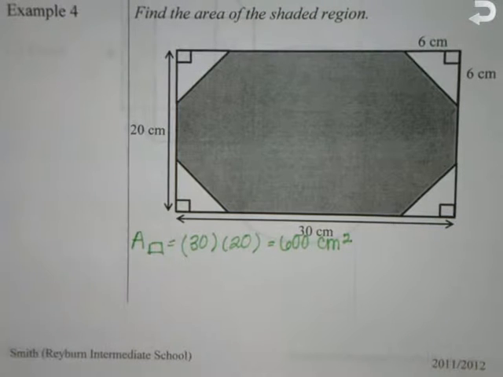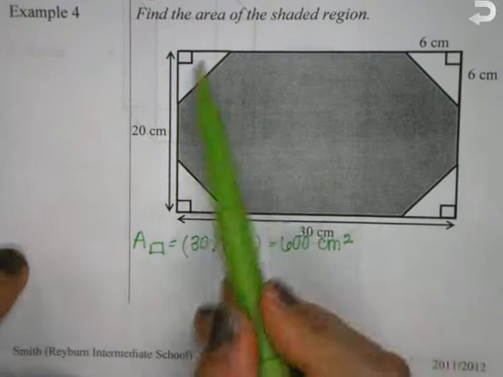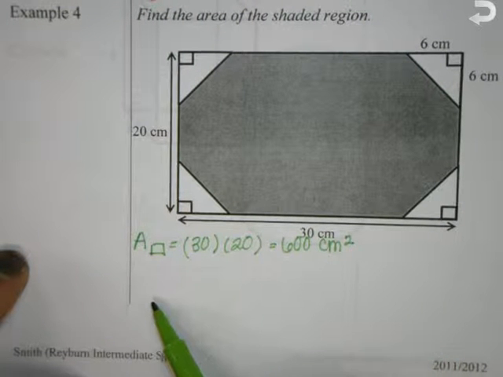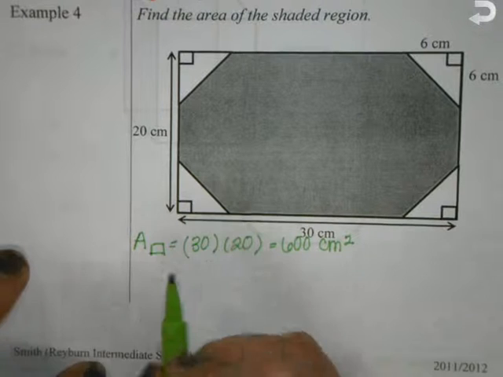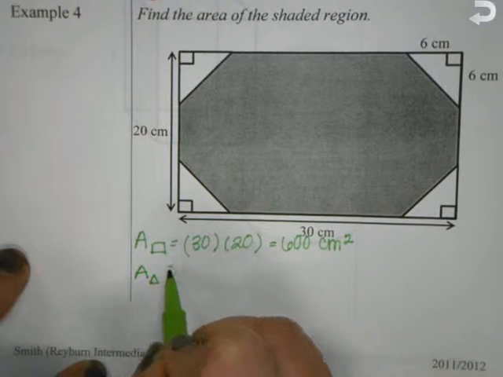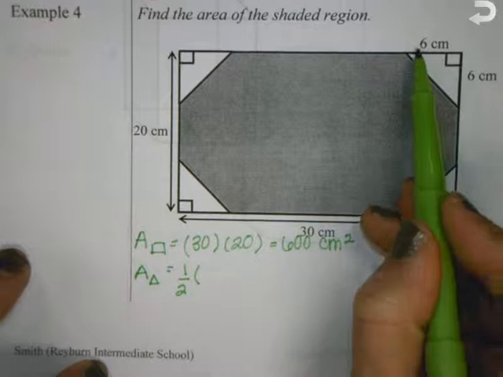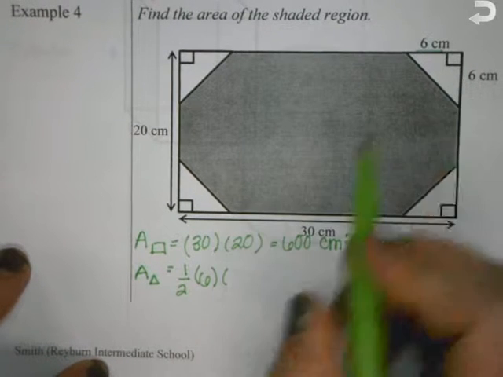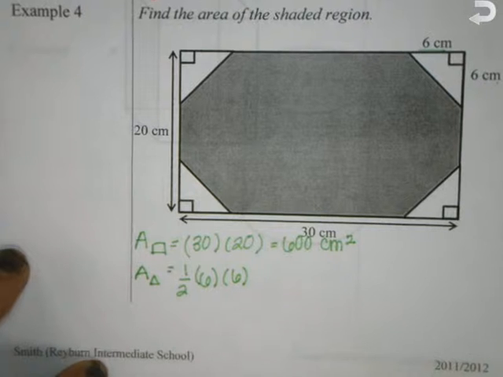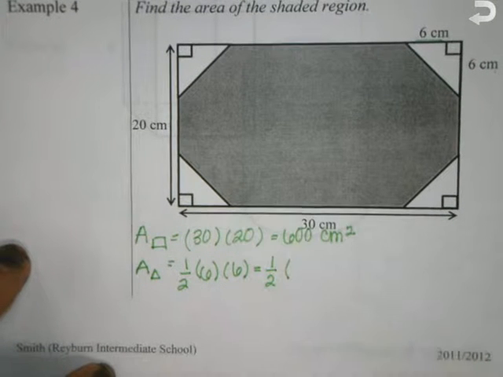So what's the area of one of those corners? Area of the triangle is half times base, which is 6, times height, which is also 6. So that's equal to half times, what's 6 times 6? 36. And what's 1/2 of 36? 18 centimeters squared.